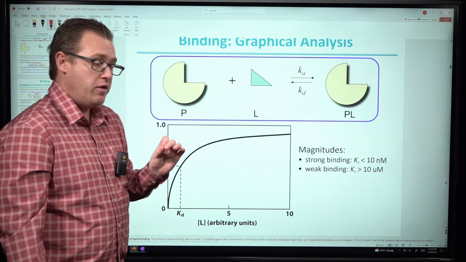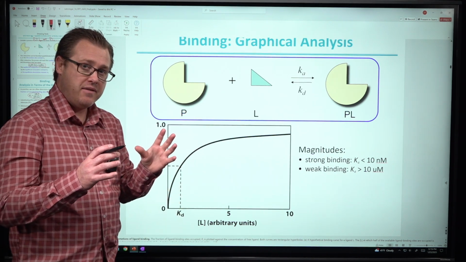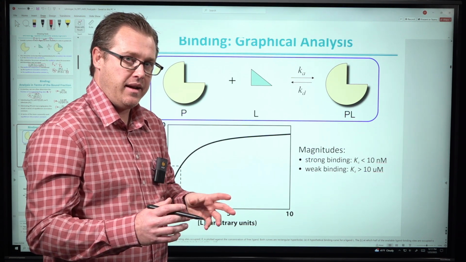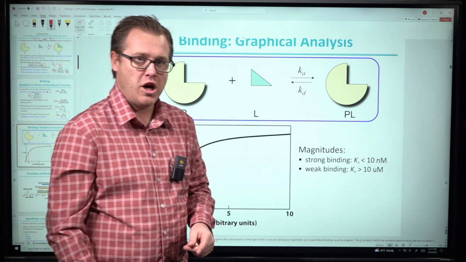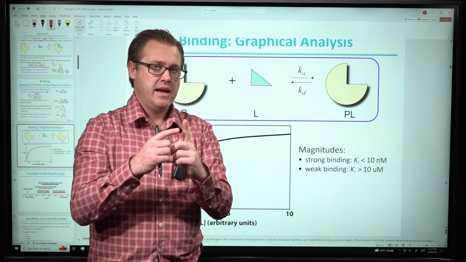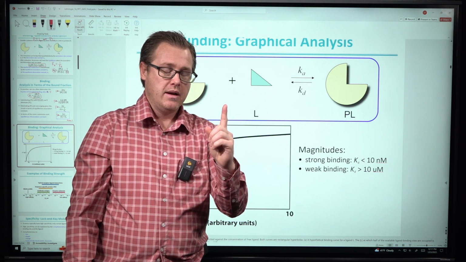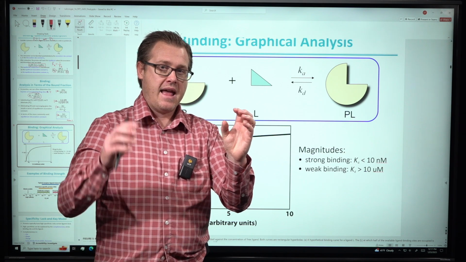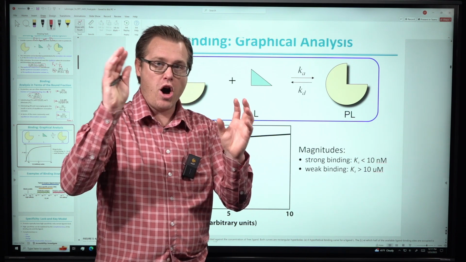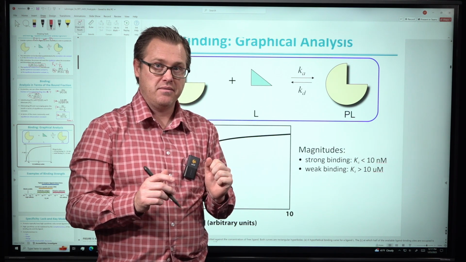So if you have all these proteins, you have to add X amount of ligand in order for it to bind. Oftentimes it's not, oh, there's one protein, one ligand, it's going to bind. It's going to be more like, there's a few proteins and tens of thousands of ligands, and not all those ligands are going to bind to the protein.